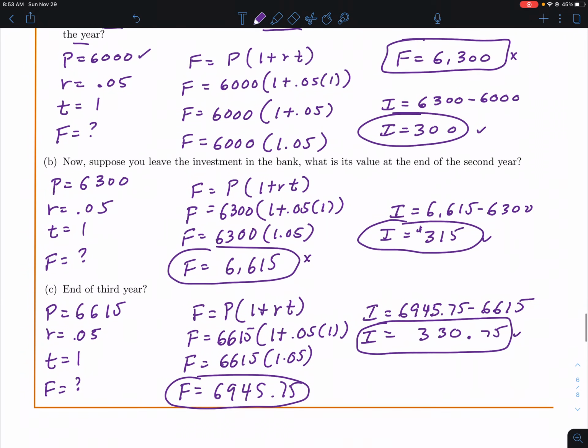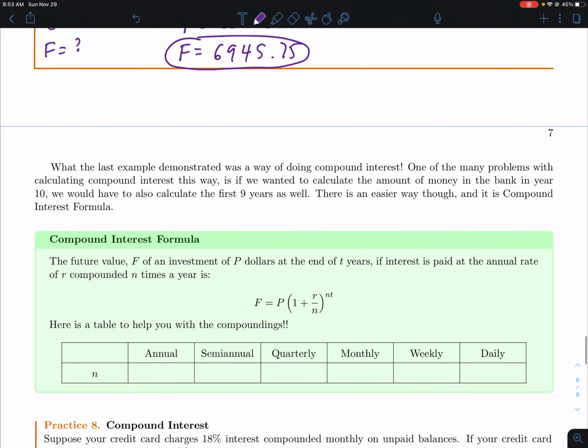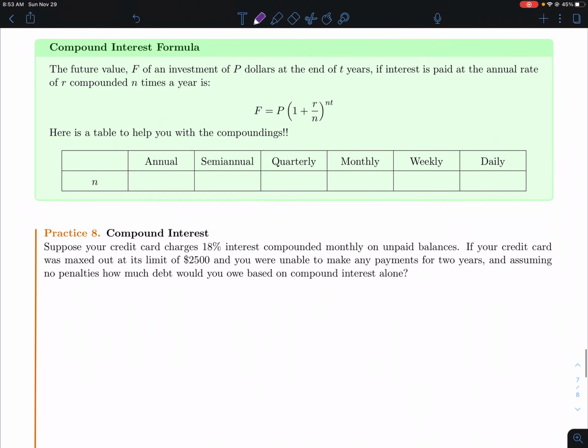Well, the downside is there's no way to just jump to year 10. You'd have to actually calculate year 1, year 2, year 3, year 4, year 5, the whole way up to year 9. Then you could finally calculate year 10. And so that's a lot of work, and we don't necessarily want to do that. So what we want to do is find a nice, easy way.